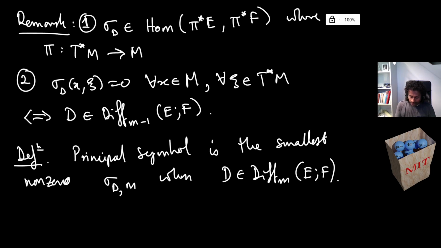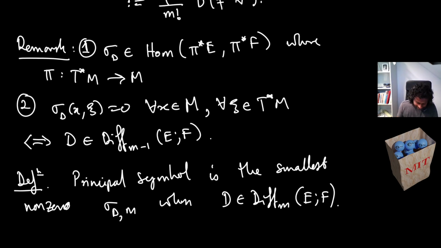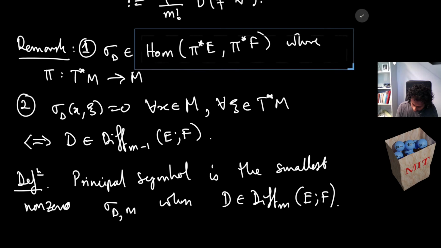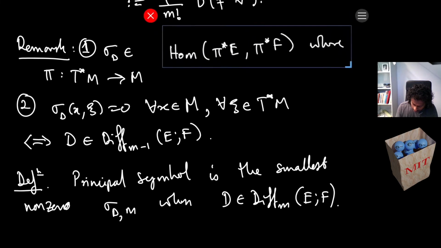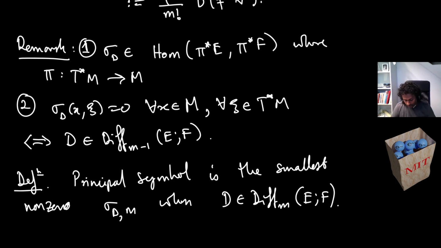Well, I mean, this is a vector bundle. The homomorphism bundle is a vector bundle itself. Yes, so the question was, why am I not writing sections of the homomorphism bundle?